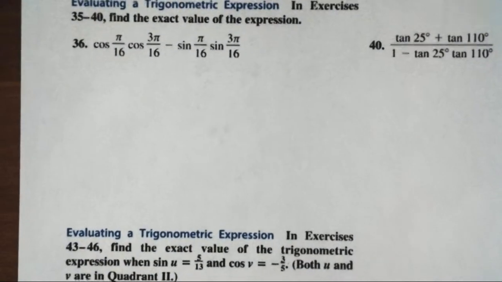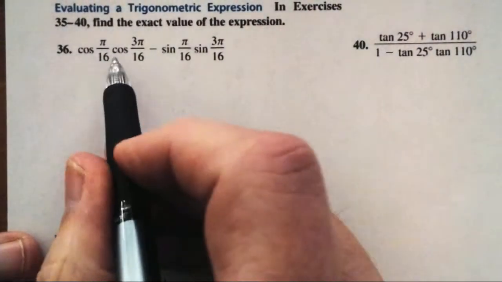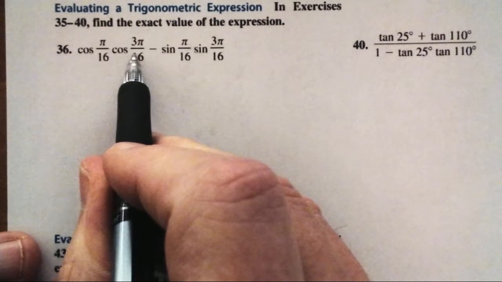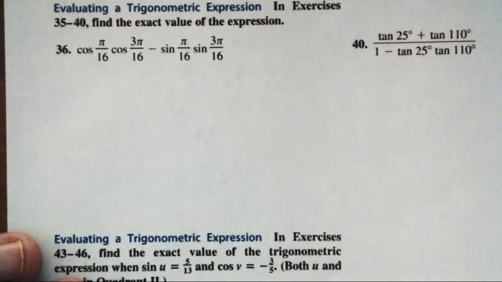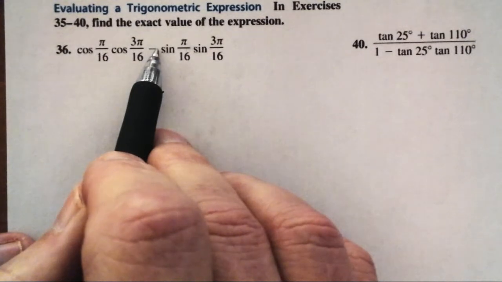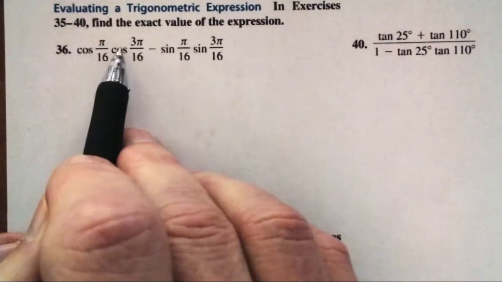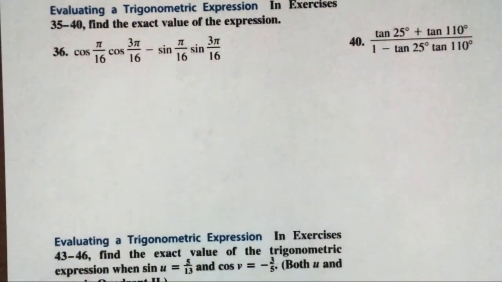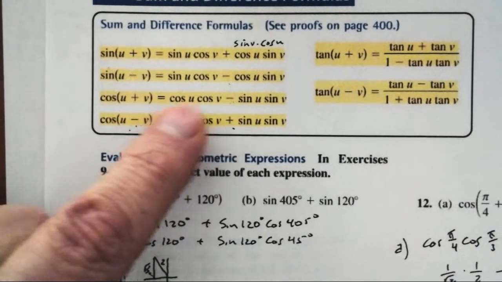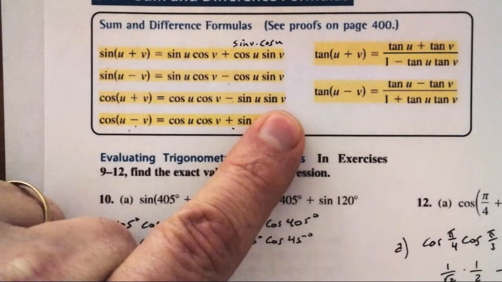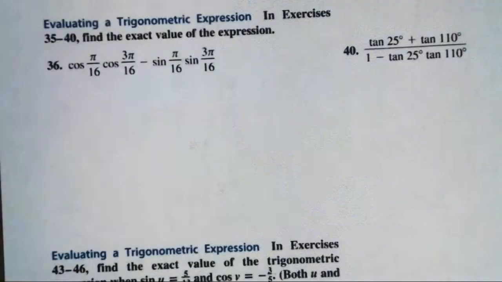Find the exact value of the expression. Okay, well, I don't know. I haven't ever worked with pi on 16 before to find the exact value. But here we have cosine cosine minus sine sine. Do we recognize that one? The angles stay the same. Cosine cosine minus sine sine of the same angles is cosine of a sum.